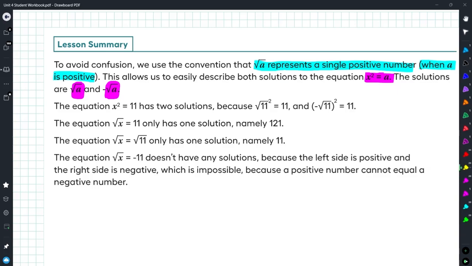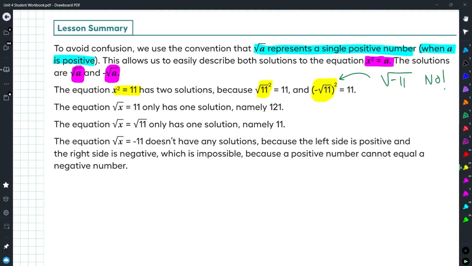So again, if you have the equation x squared equals 11, there are two numbers that when we square, we get 11. Positive square root of 11 and negative square root of 11. So notice this is not the square root of negative 11. That's a big pile of no. Now here the equation the square root of x equals 11 only has one solution because the square root is already written.